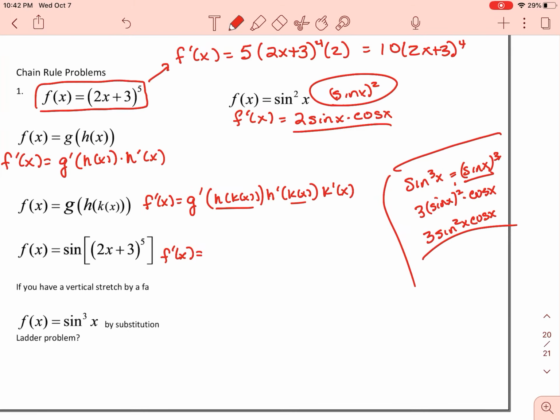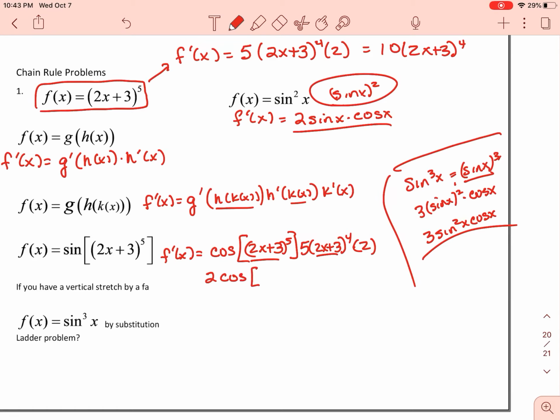Here, f prime of x is going to be, the outer function is the sine, so it's cosine of, leave what's inside alone, (2x plus 3) to the fifth. Take the derivative of the inner function. It's going to be 5 times (2x plus 3) to the fourth. Take the derivative of that inner function. It's just going to be a 2.